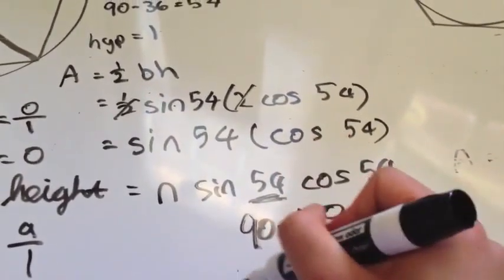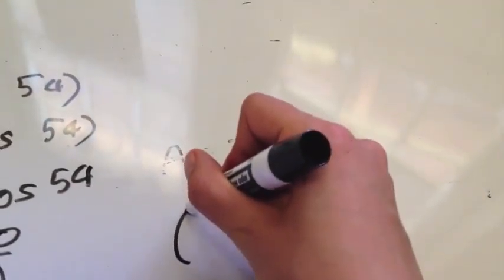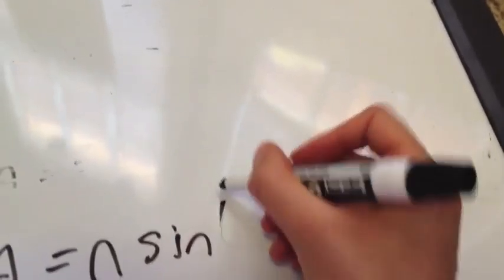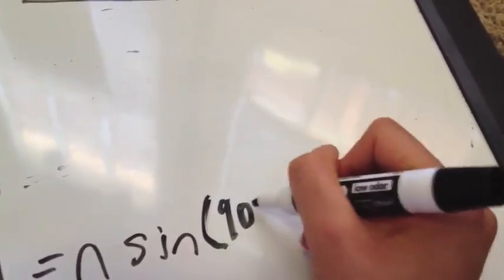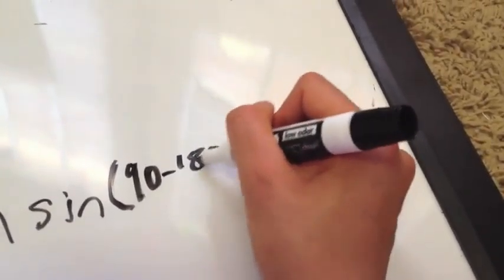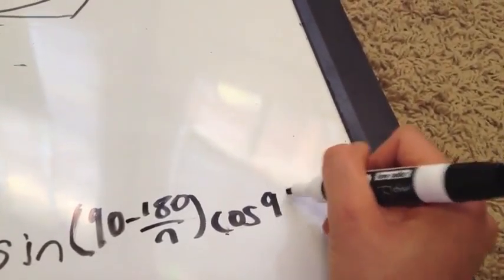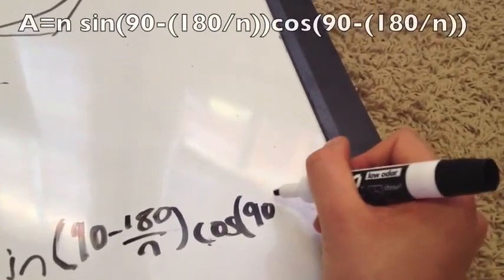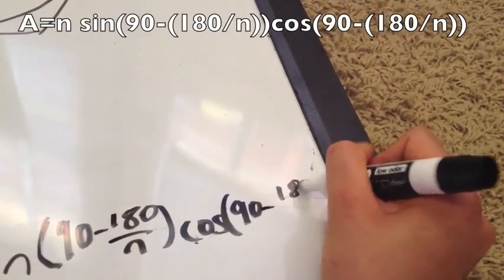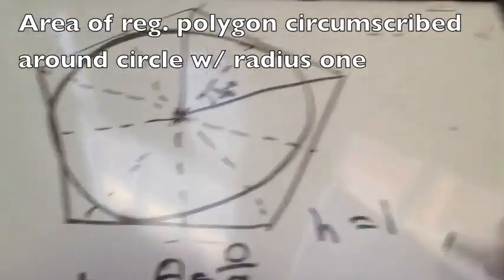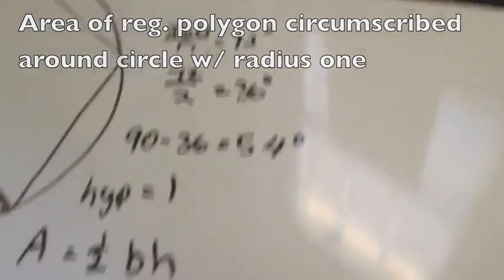So our final equation for this is area equals n sine of (90 minus 180 divided by n) cos of (90 minus 180 over n).